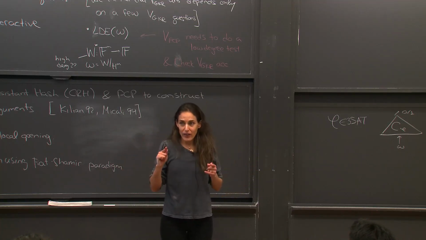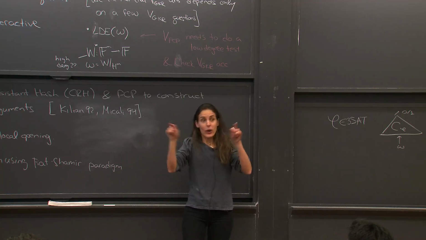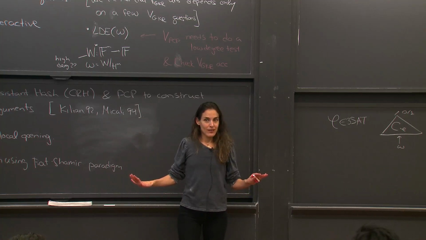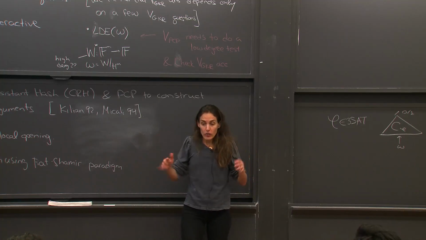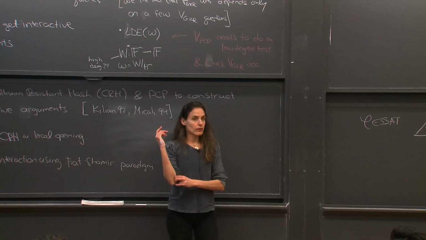If the prover gets to choose the answers based on all the queries that he sees, soundness breaks down completely. And so it's very important that he first tells you what the PCP is, and then you query it.